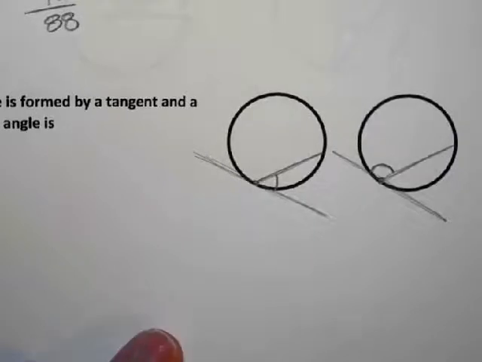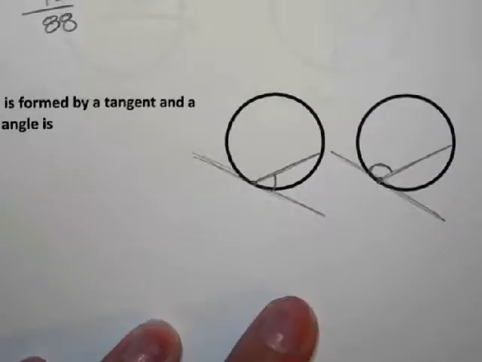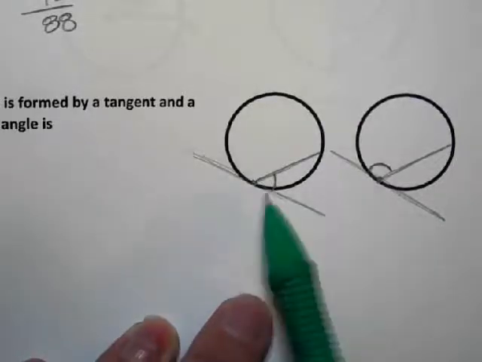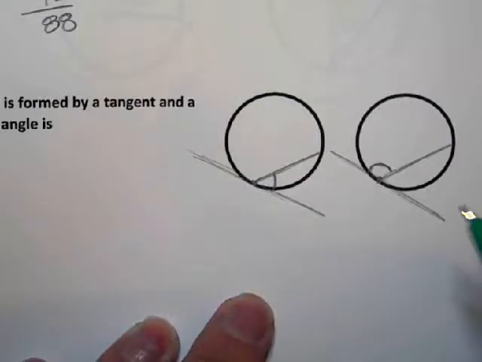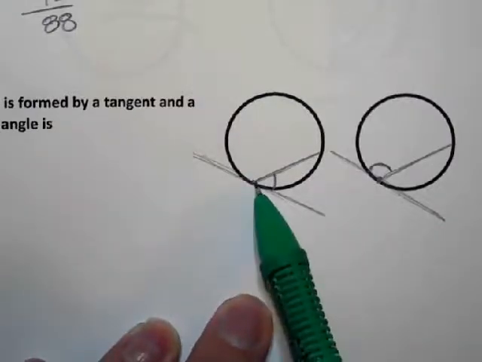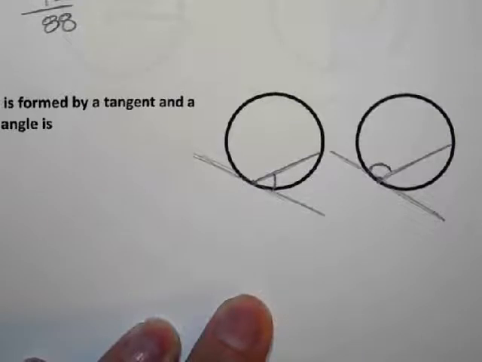These are going to feel like inscribed angles because it's going to work the same, where the vertex of the angle is kind of on the edge of the circle. And again, the measure of the angle is going to be half the measure of the arc, but these are not considered to be inscribed angles because the entire angle is not inside the circle.